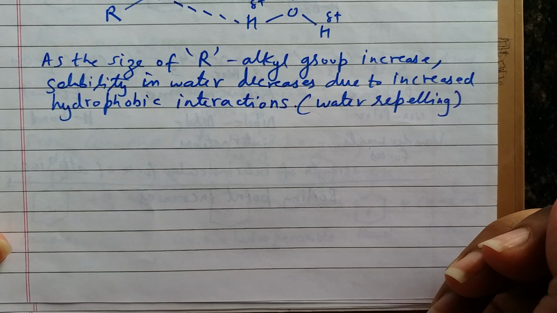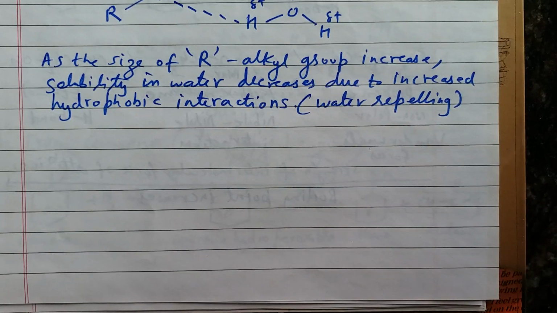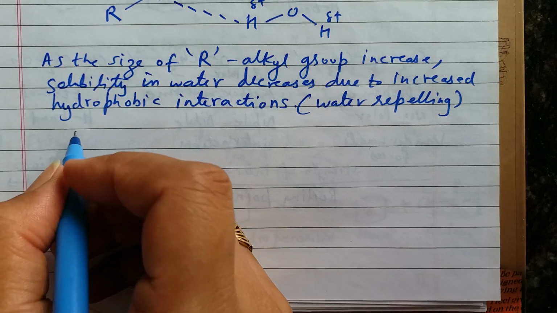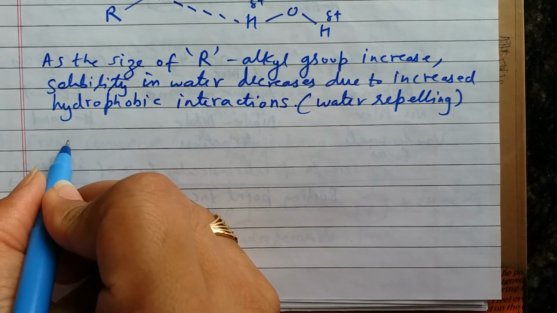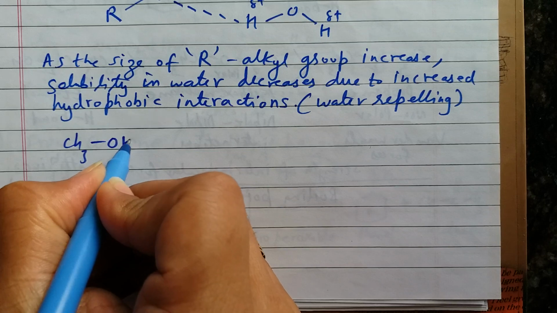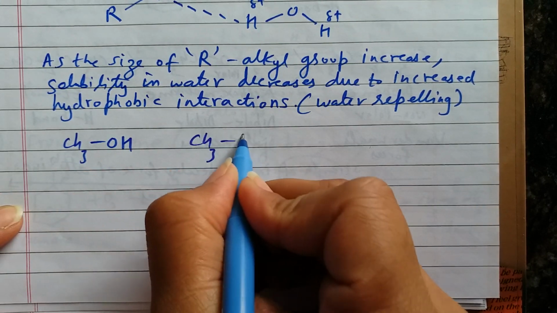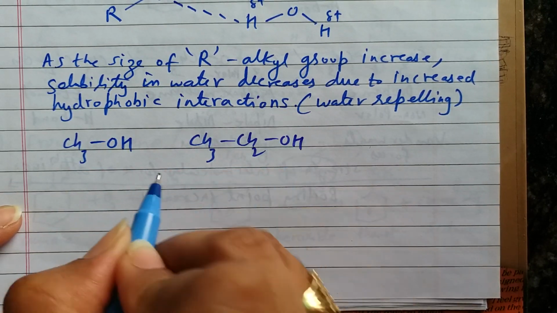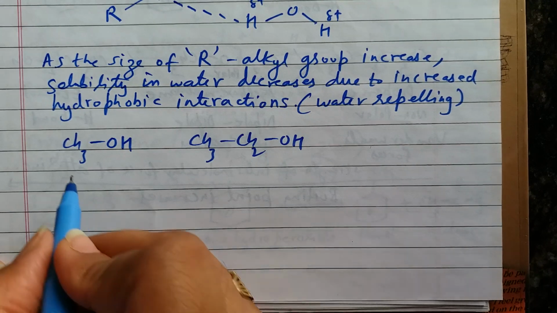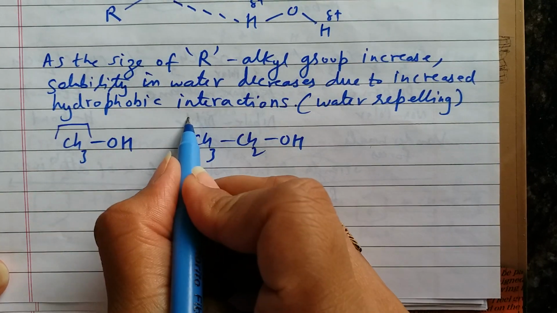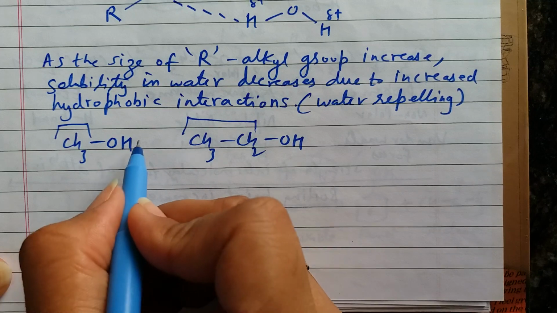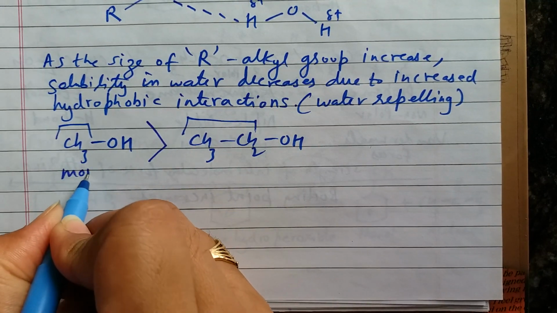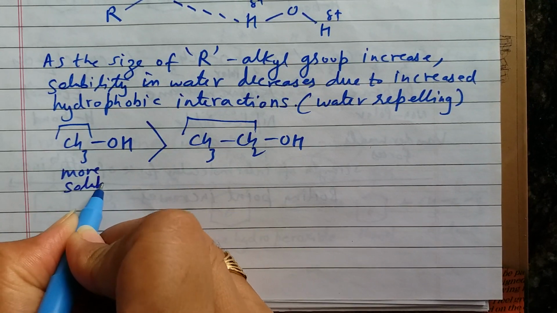Due to increased hydrophobic interactions, which is water repelling properties. So how am I explaining this? Suppose you take an alcohol as CH3OH, then you take the second alcohol as CH3CH2OH. Let me just compare these two. Now this is the alkyl part, and it is observed that methanol is more soluble than ethanol.